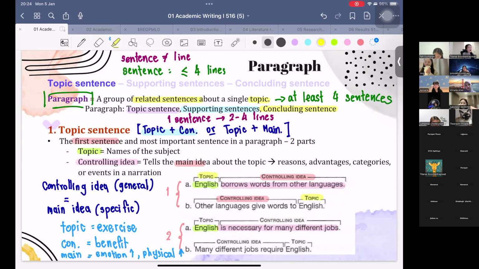When you write a topic sentence, you can start with the topic followed by the controlling idea, or start with the controlling idea followed by the topic. Either is correct. Up to you.